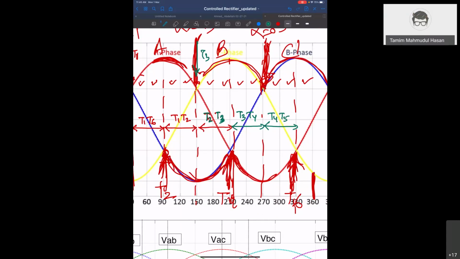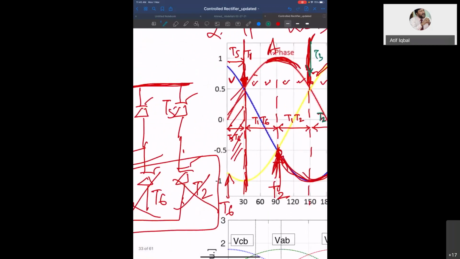Now you see, each of the pair is operating for 2 squares, means 60 degree. Yes. Now what is here? Here you have only one square, because you reach 360 degree. What is operating here? T5 and T6. So where the other block will go for T5, T6?